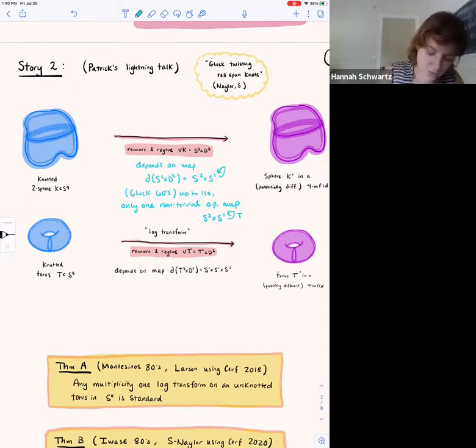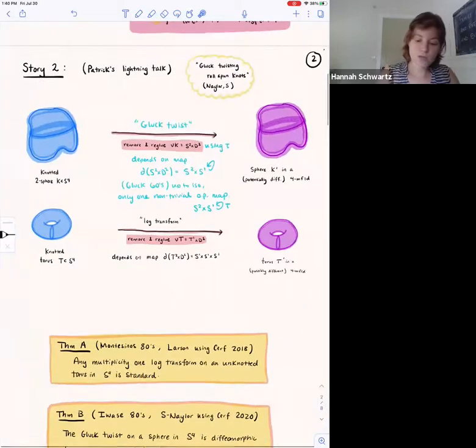So if I remove and reglue the neighborhood of this knotted 2-sphere using this map tau, and I think Patrick actually defines this a little more explicitly in his lightning talk, then this is called doing a Gluck twist on the 2-sphere, and the resulting manifold, which may or may not be equal to S4, is also called a Gluck twist on the knot K. So it's kind of like a verb and a noun at the same time.